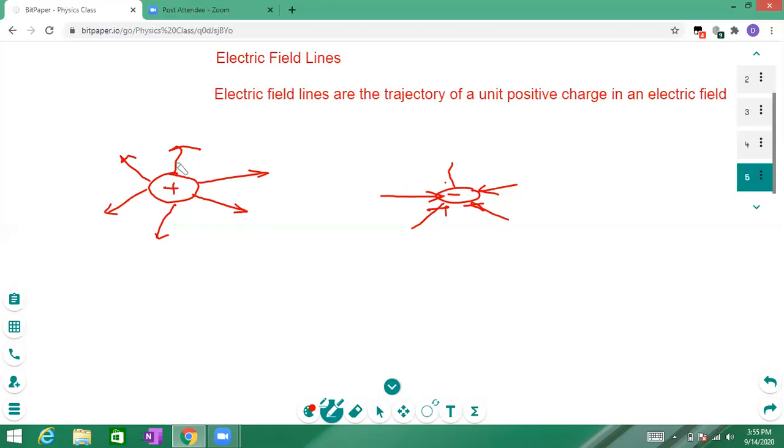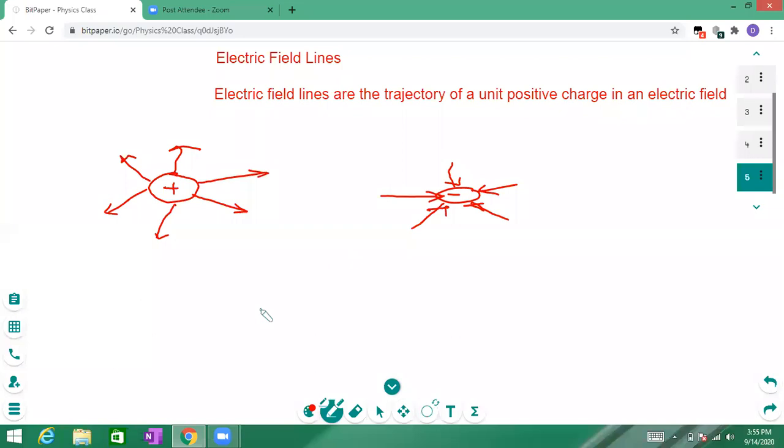But if two charges are present nearby, then the trajectory will be curved. Here in this case, we are assuming that only the positive charge is present. There is no charge in the nearby part. And in this case also, we are considering that only the negative charge is present.